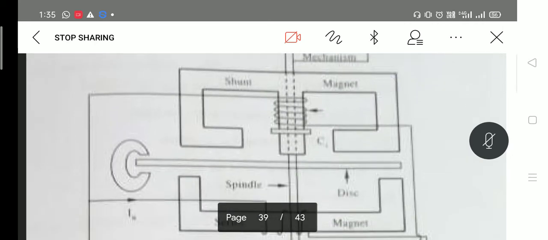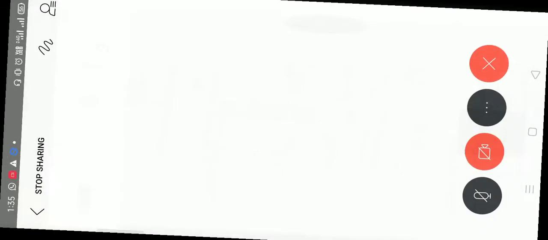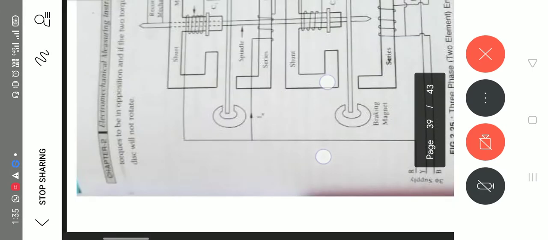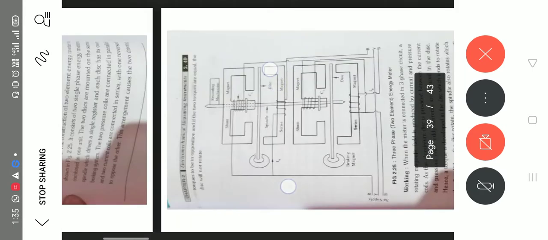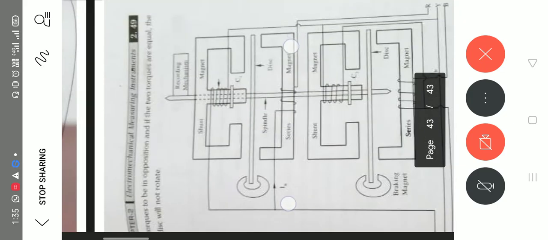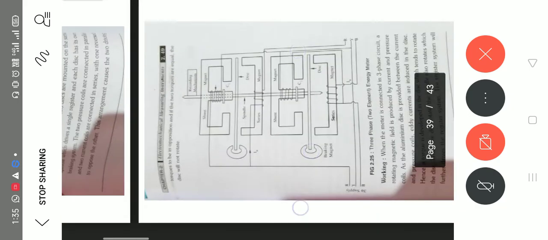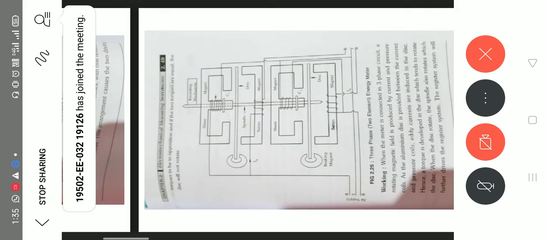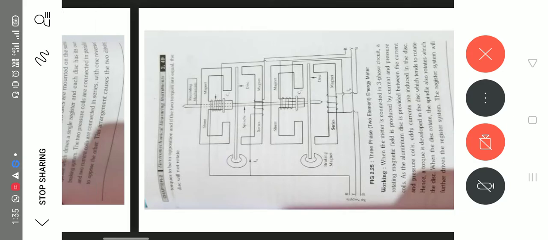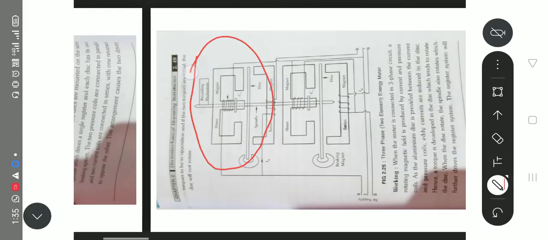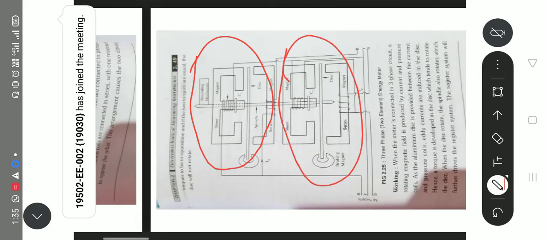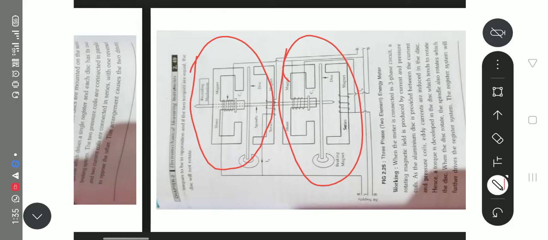This is the circuit diagram. This is the three phase energy meter circuit diagram. Here two single phase energy meters are connected. This is one single phase energy meter, and another one is this.